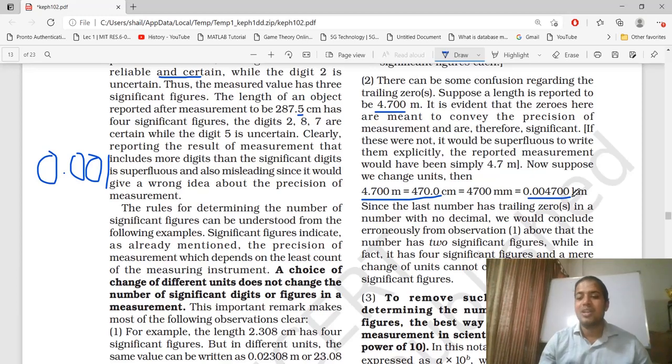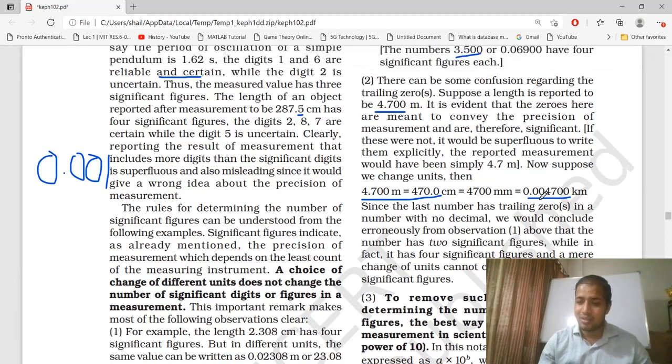As I said, if you change the unit, here you will say that these zeros are not significant. But if the measuring instrument has that precision, using that you are measuring in mm, in the experiment.